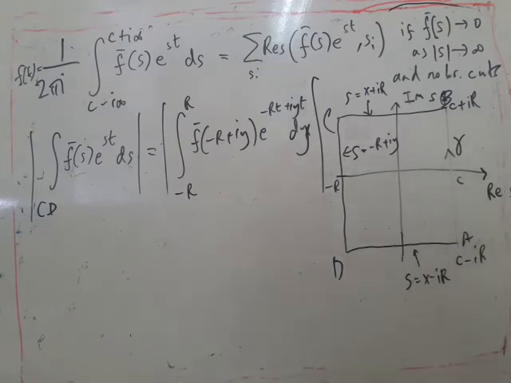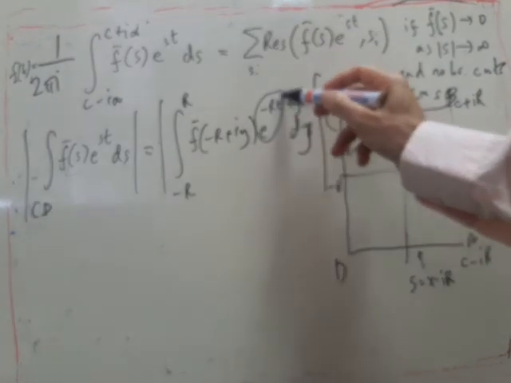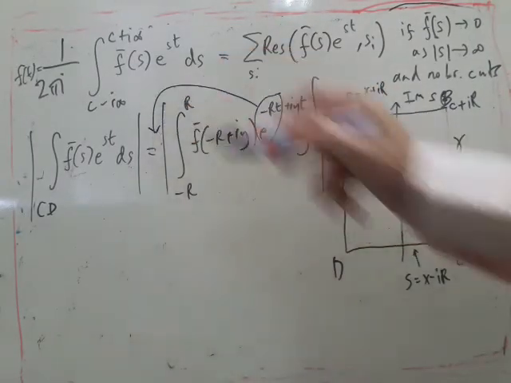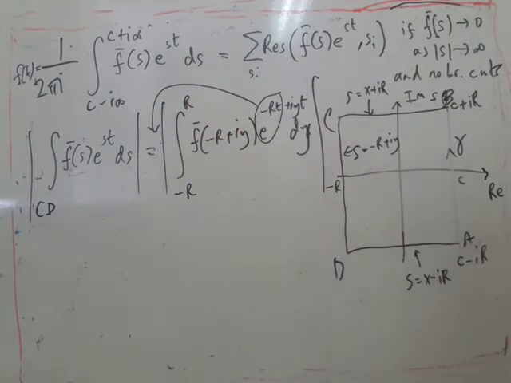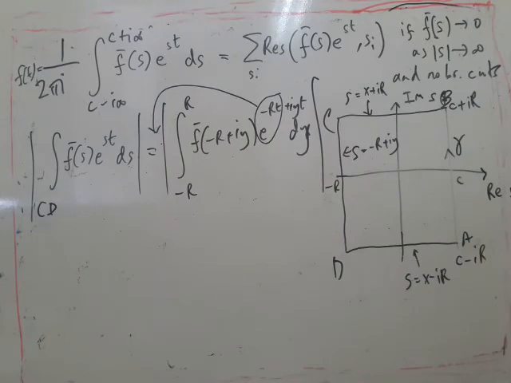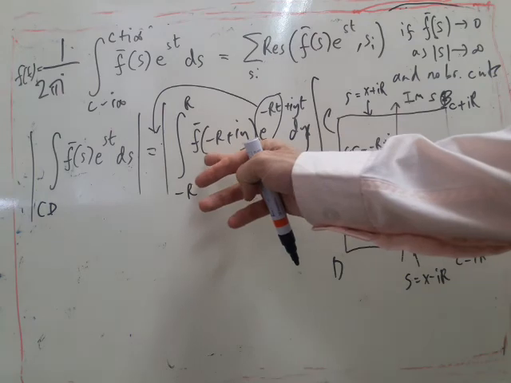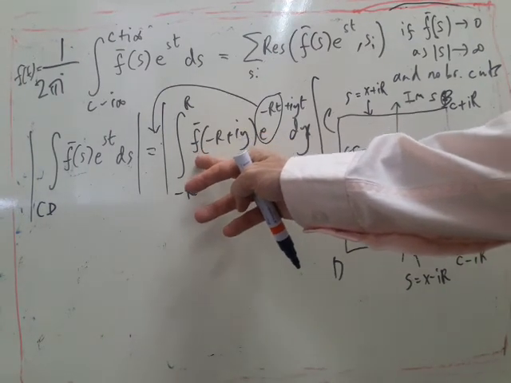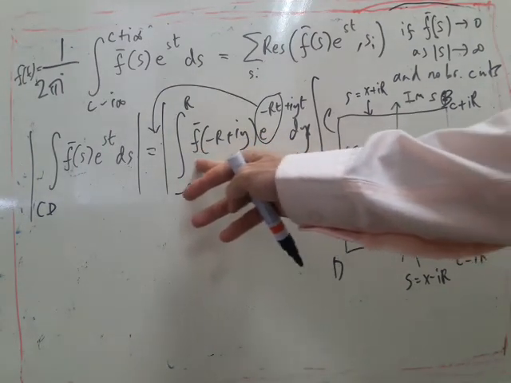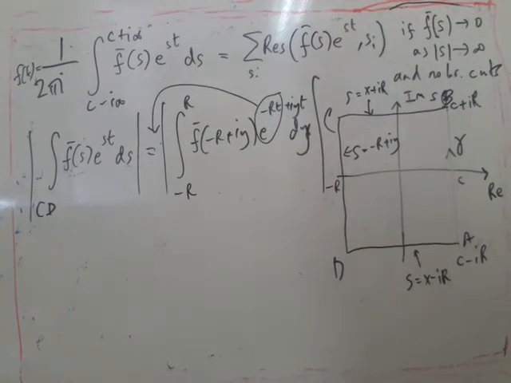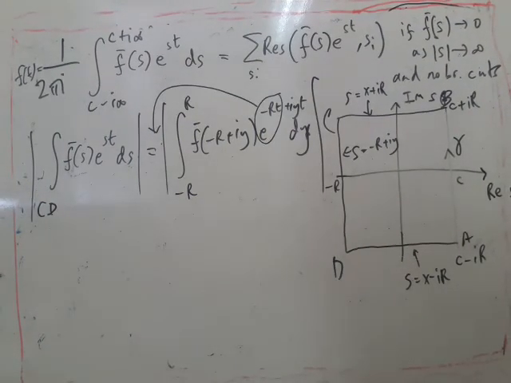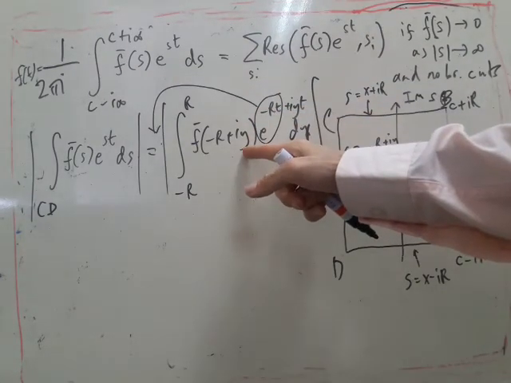So I can take this thing outside the integral, and basically what I'm left with, because this is going to go to 0 as r goes to infinity, and y is also going to infinity.